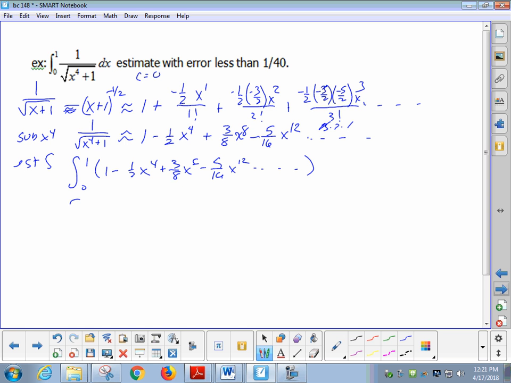So what's the antiderivative? No C for a definite integral, so don't sweat that. x minus 1/10 x to the 5th plus 3/72 x to the 9th.